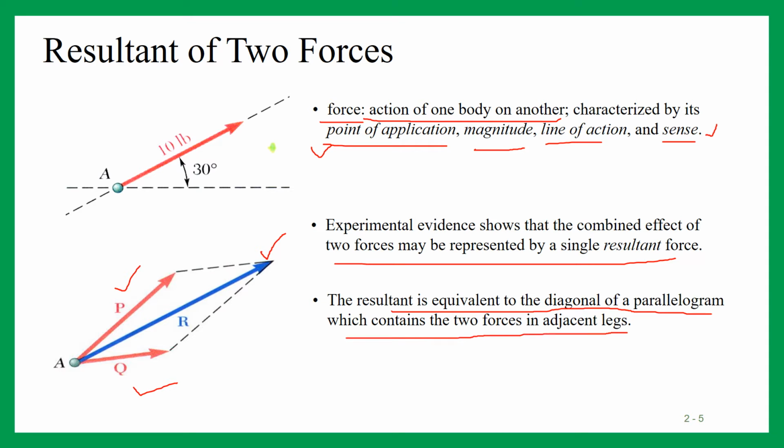And the resultant is equivalent to the diagonal of a parallelogram which contains the two forces in adjacent legs. This we have already discussed in the previous class, that suppose these are the two forces P and Q. If you draw these forces as the two legs or two sides of this parallelogram, then the resultant will be represented by the diagonal of this parallelogram.